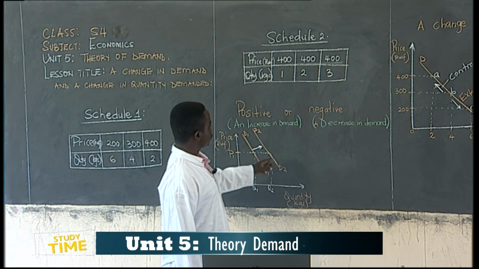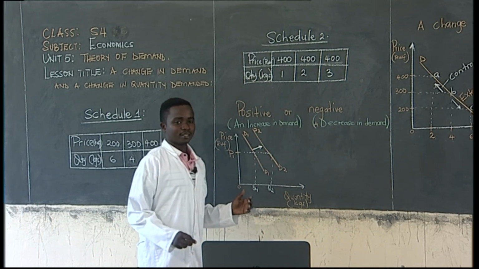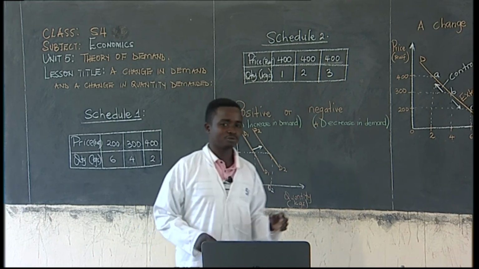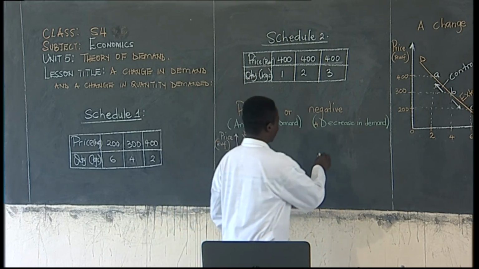Now, let us come to when there is a negative change, that is a decrease in demand. Remember, we are under a change in demand, where we said it can be positive or negative. So let us try also to illustrate it.